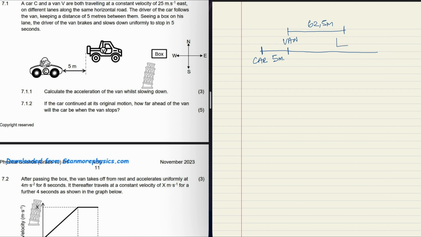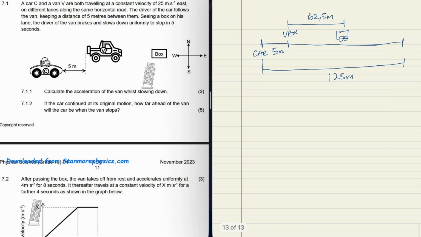So the van is now here. But the car travels, let's extend it slightly, the car travels 125 meters. So the car is now at this point. So let's call that car.